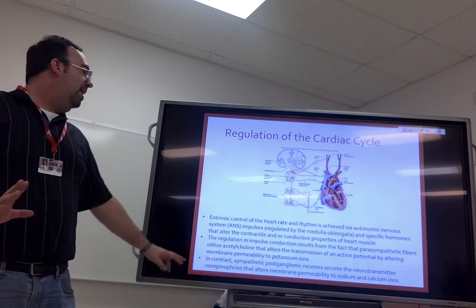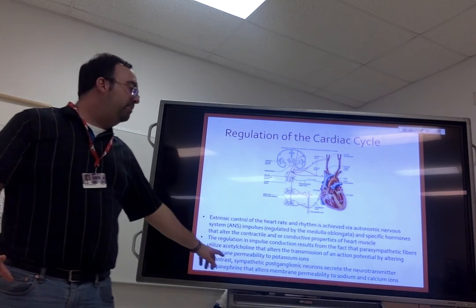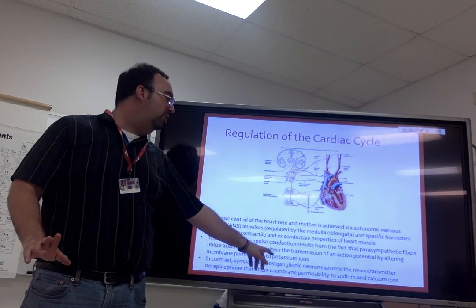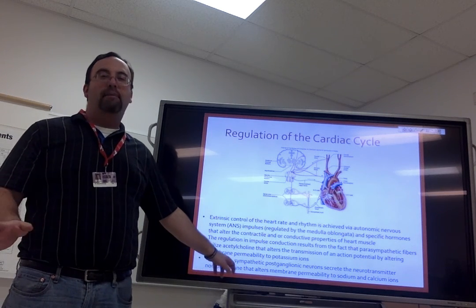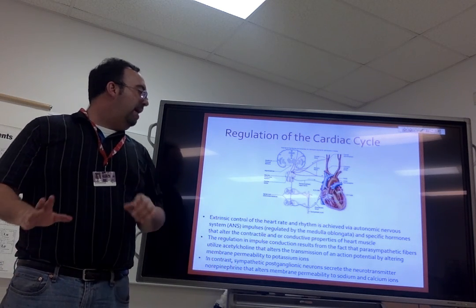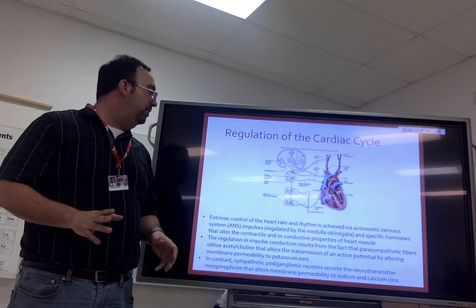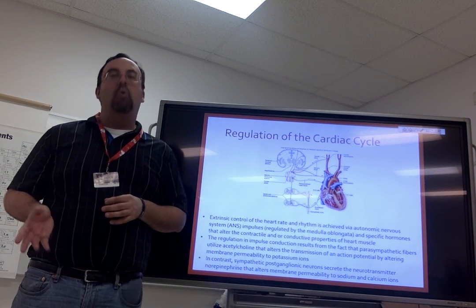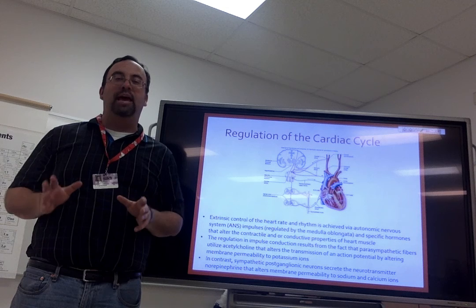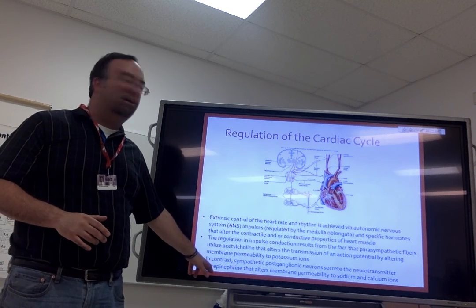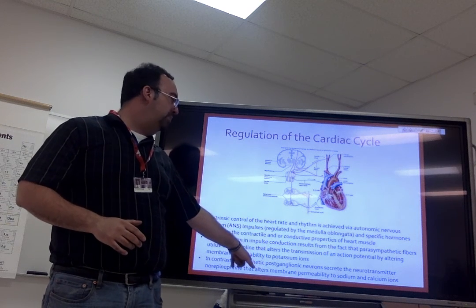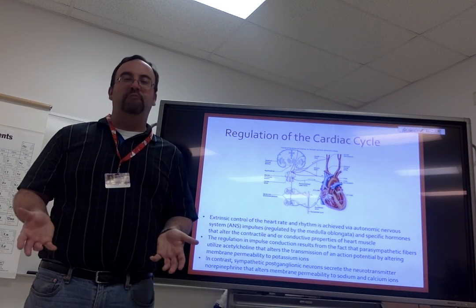All right. In contrast, sympathetic postganglionic neurons will secrete the neurotransmitter norepinephrine, NE, that will then alter the membrane permeability to either sodium or calcium ions. So again, we can see the involvement of the endocrine system here with relation to the sympathetic division of the nervous system.